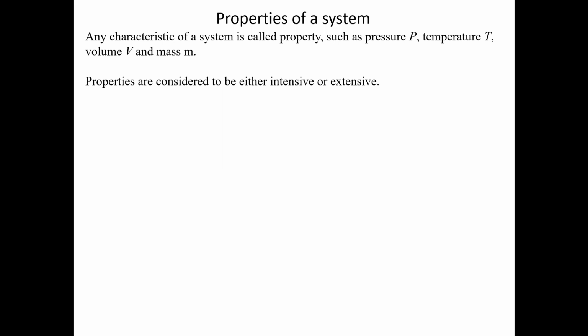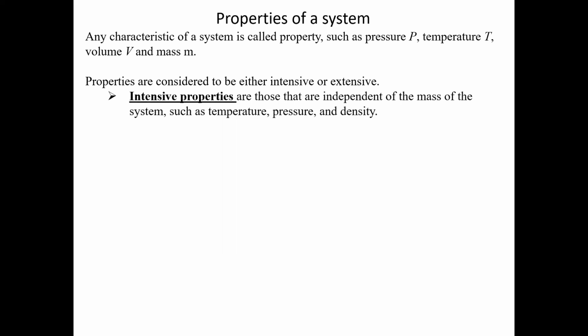And property can be either intensive or extensive. You don't have to worry too much about this definition, but just to give you an idea. What do you mean by intensive property? Intensive properties are those that are independent of the mass of the system.